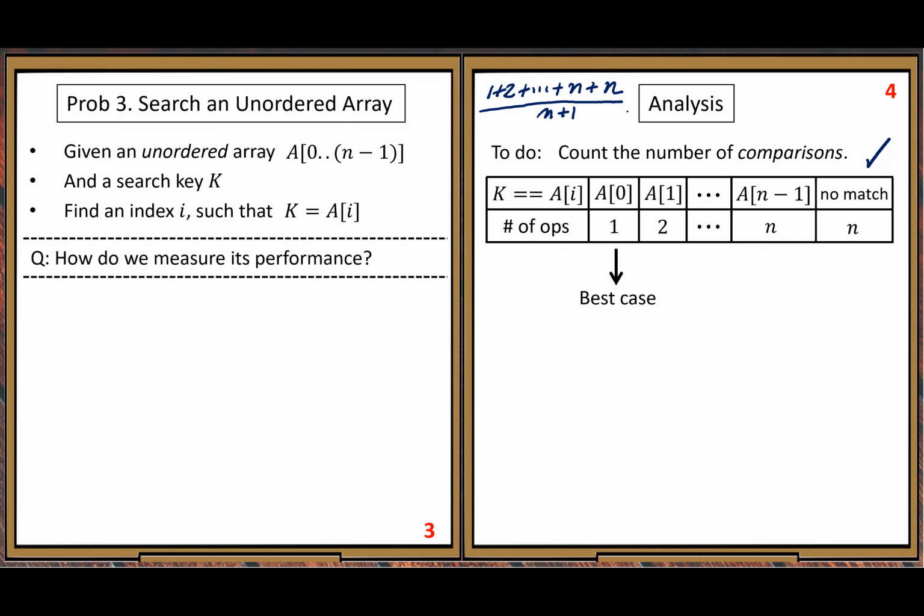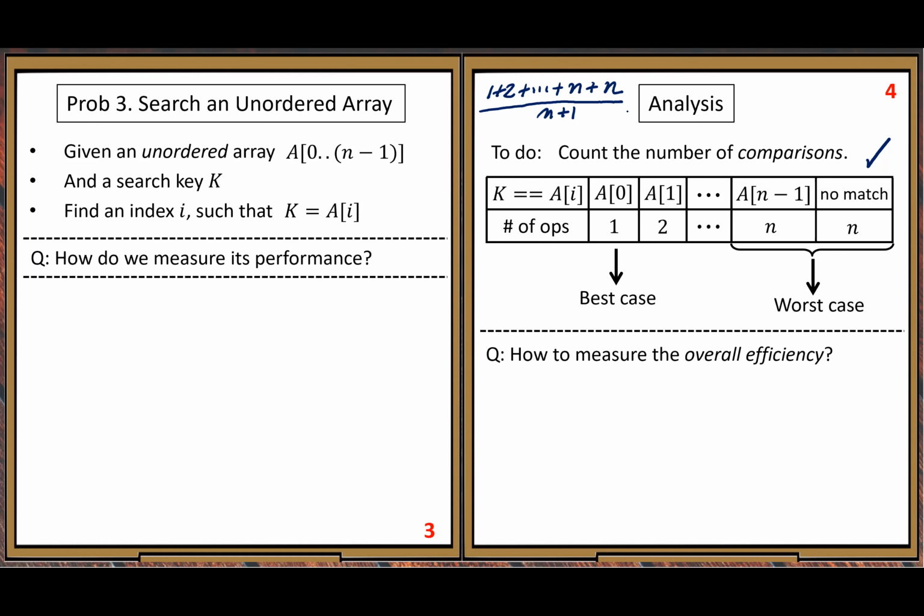So here we have best case, worst case. But for the worst case, you need to consider two subcases, both with n comparisons, but they may have different probabilities.